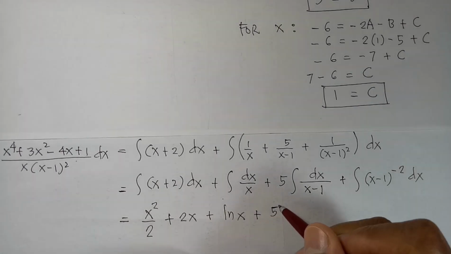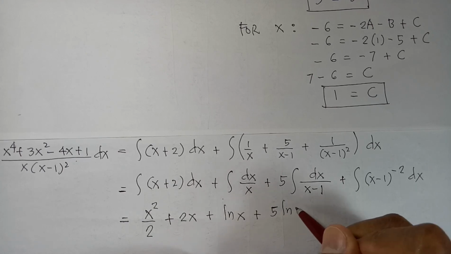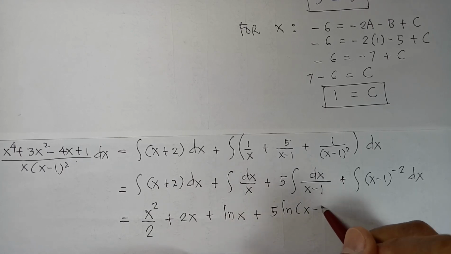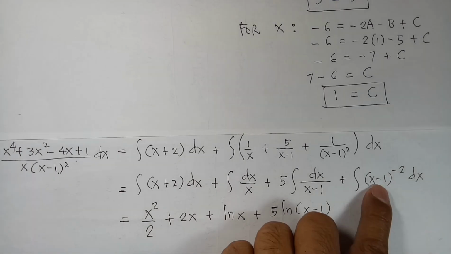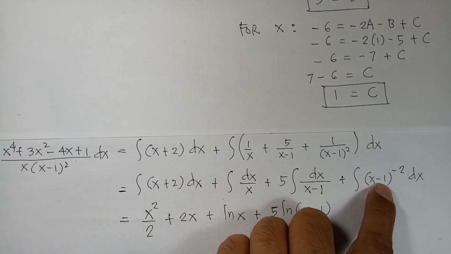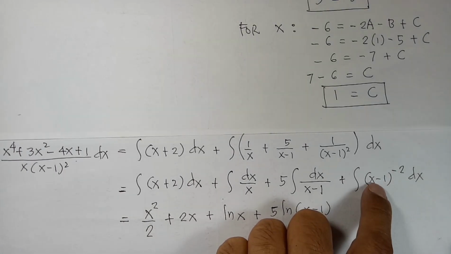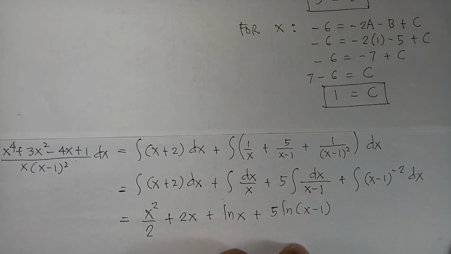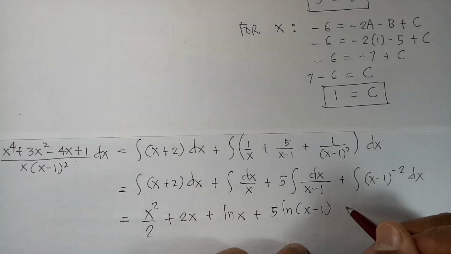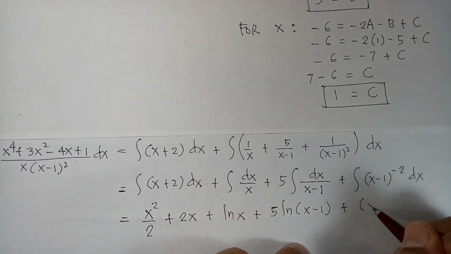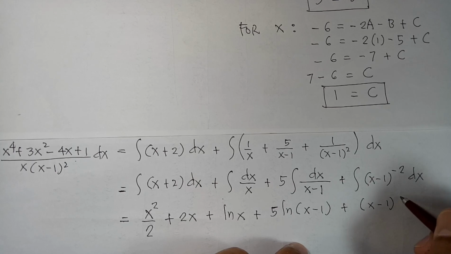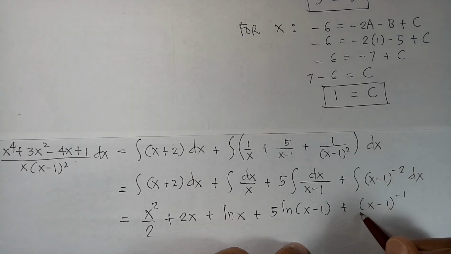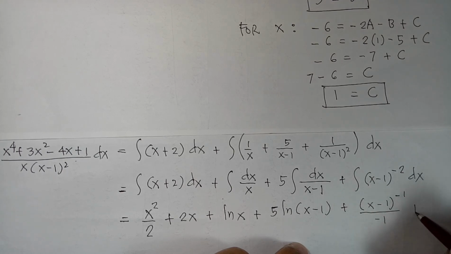So we have 5 ln of x minus 1. Then here we use the general power rule: x minus 1 raised to negative 2 plus 1 is x minus 1 raised to negative 1, divided by negative 1, and then plus c.